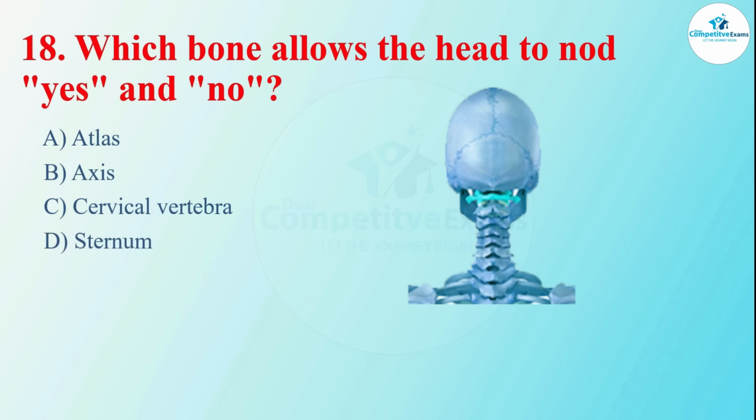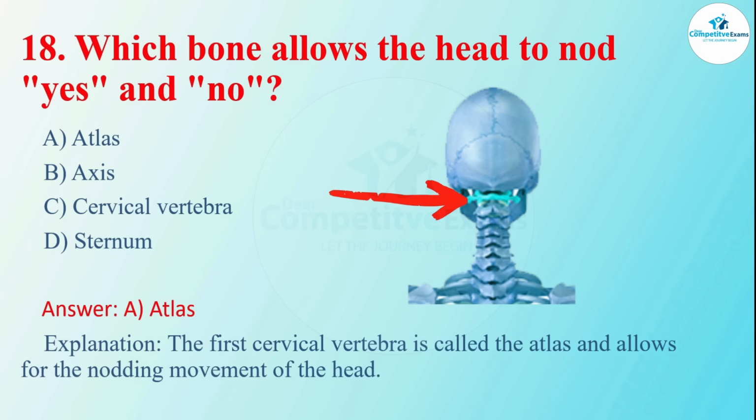The right answer is atlas. Friends, the first cervical vertebra is called the atlas and allows for the nodding movement of our head. Right, let's move on to question number 19.